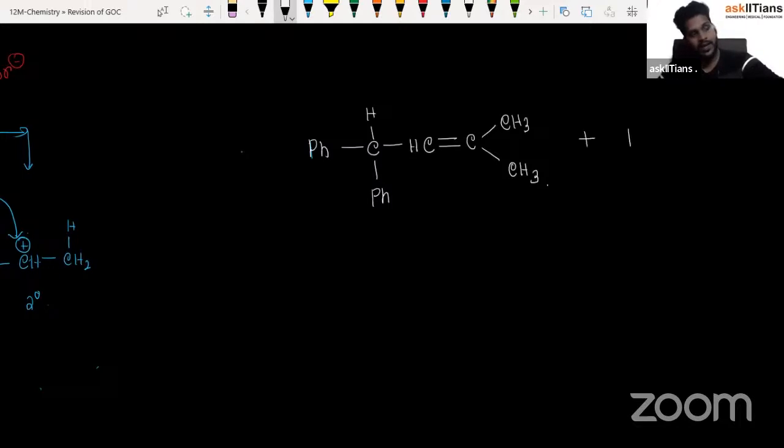Now here, if I add HCl or HBr, what would be my final product? What you have to do is write the name of the shift, if there is any. Otherwise, just write like this: there's carbon number 1, carbon number 2, carbon number 3. In which carbon would the chlorine sit? What do you think? Try to solve this now. In which of carbon number 1, 2, or 3 would the chlorine sit?